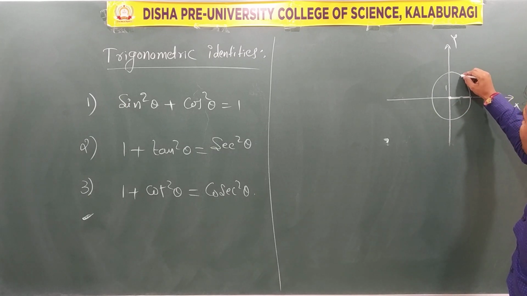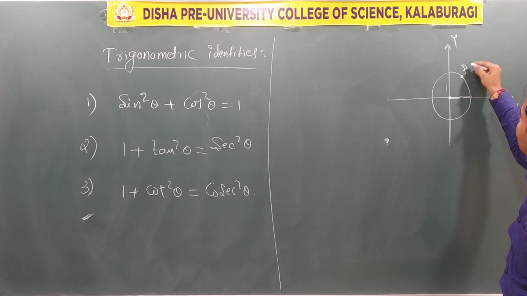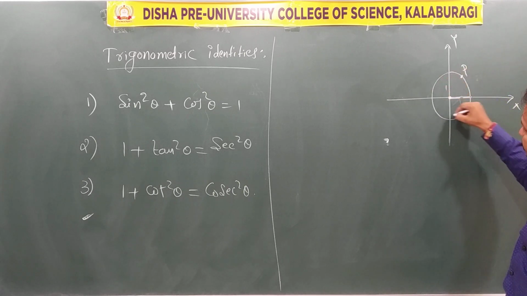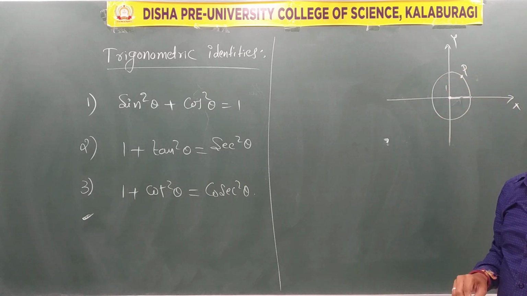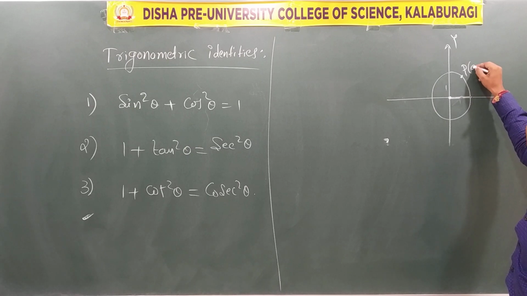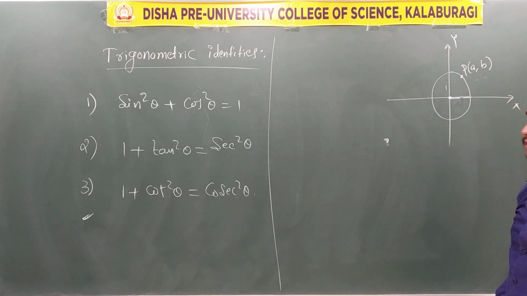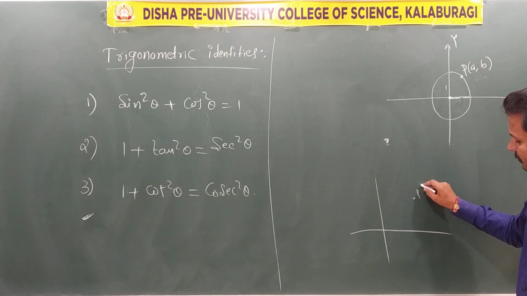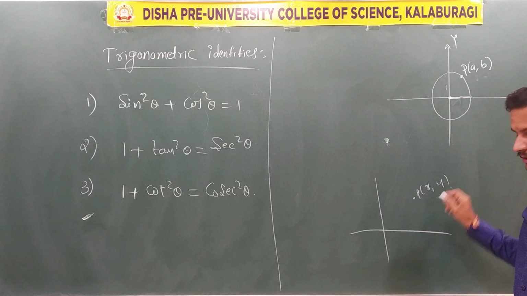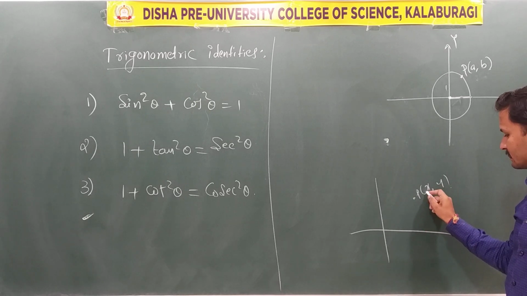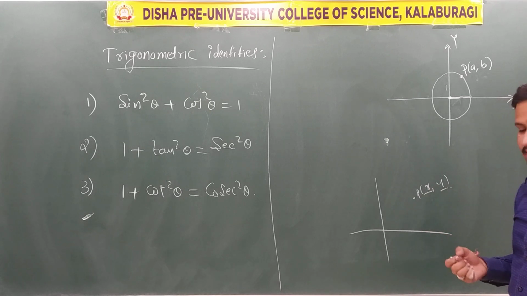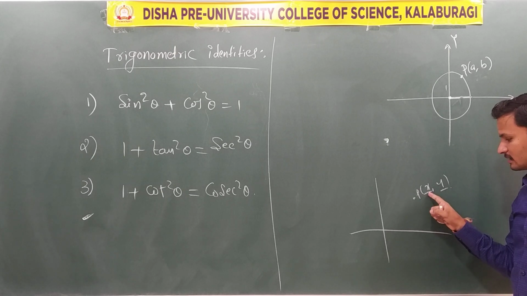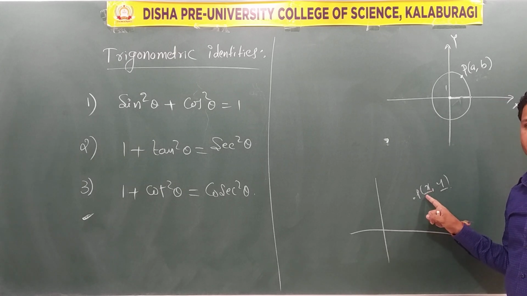Let P be any point on the unit circle whose coordinate is a comma b. See, in a coordinate system, suppose here a point P, x comma y is there. So what exactly are this x and this y? This x is the x coordinate, the first one.